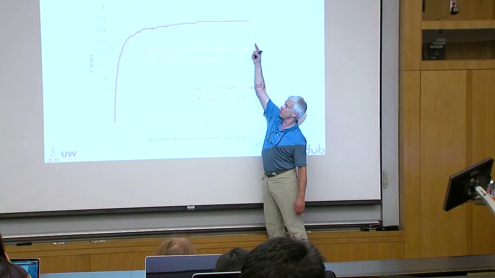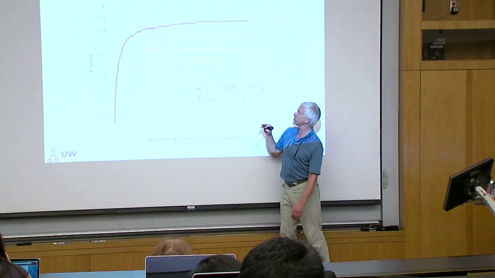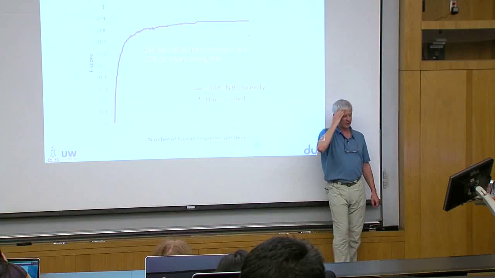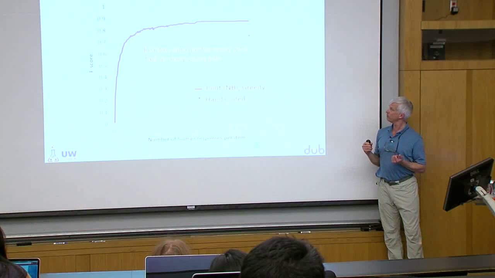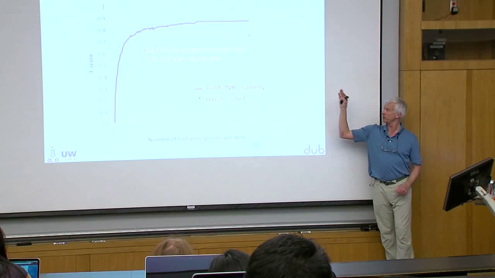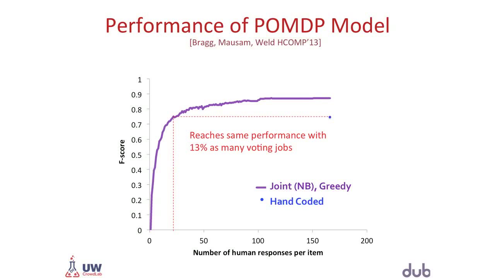This is the performance of the original Cascade algorithm, and you can see that this decision-theoretic controller gets much higher performance, but it also gets the same performance with only 13% as many voting jobs as the original Cascade. So now that brings things down where it's a lot cheaper than paying a human expert.